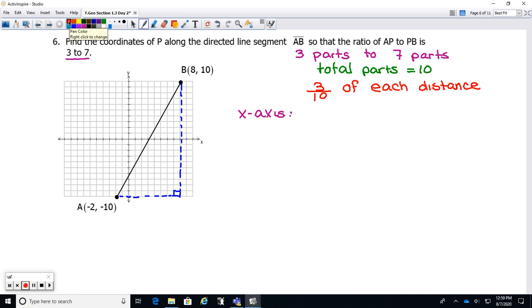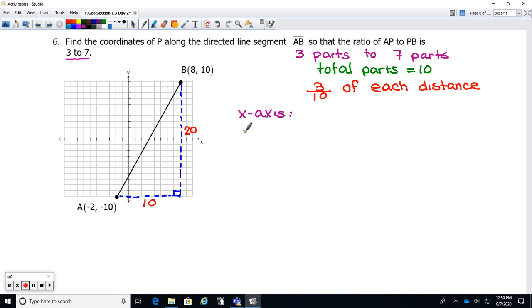So for right now, from -2, or you could just count them, but from -2 all the way till I get to +8 is 10 units. And then if I look at how low I started here at -10, all the way up to +10 is going to be 20 units. So those are the total distances.